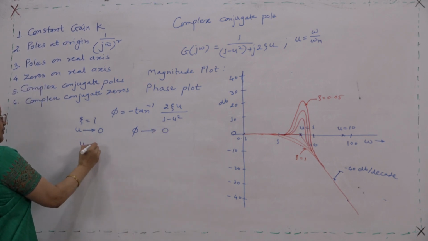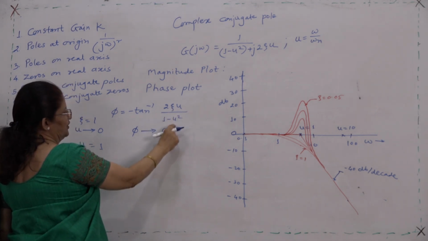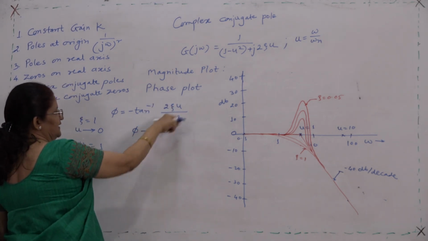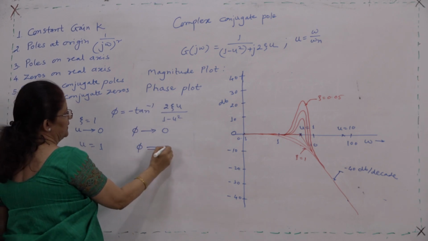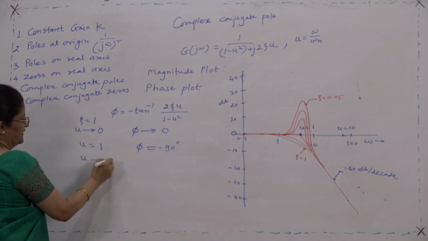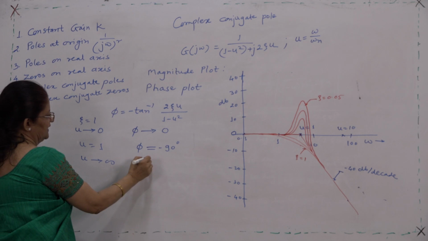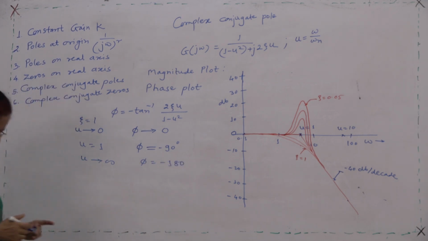When u is equal to 1, you get an infinity term, so phi is equal to minus 90 degrees, and when u tends to infinity, phi is equal to minus 180 degrees. So, we will try to draw it.